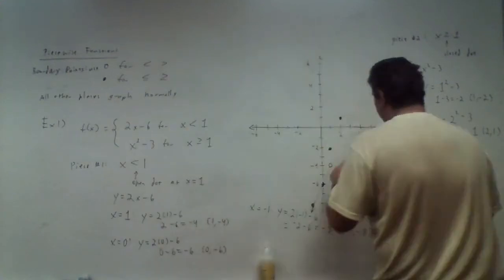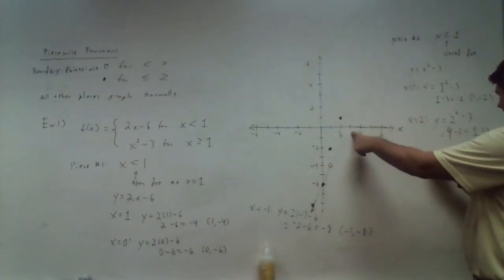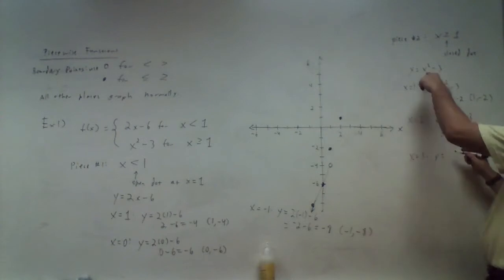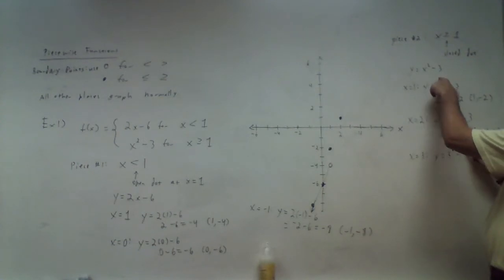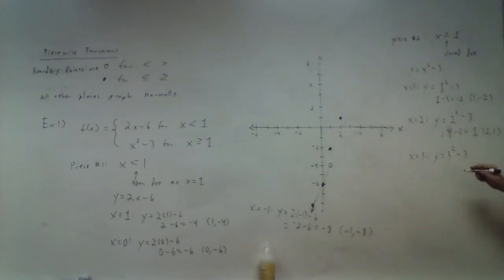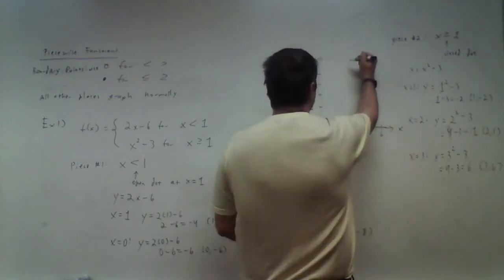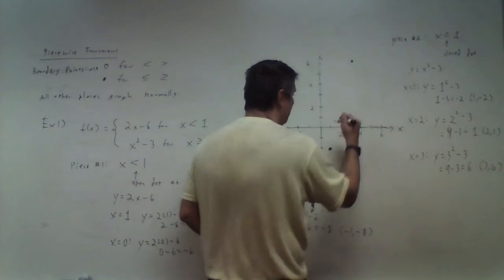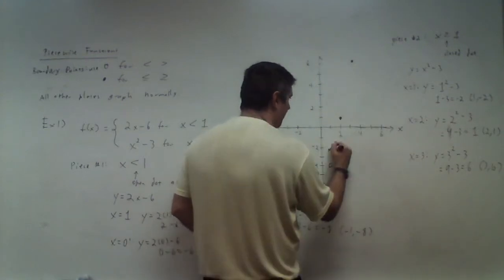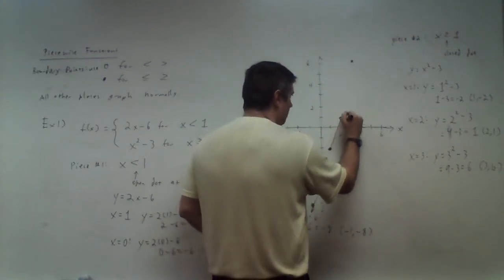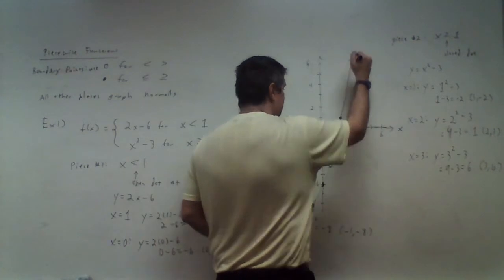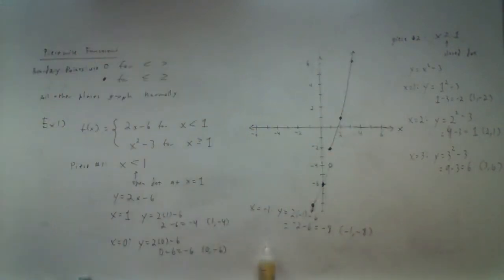And let's do another point. x equals 3. y equals 3 squared minus 3, which gives me 9 minus 3, which is 6. So 3, 6. It's going to be a curve. It's a parabola. It's quadratic. So it's going to look something like that. And that's how you do a piecewise function.